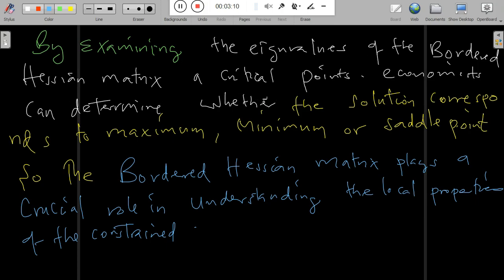By examining the eigenvalues of the Hessian matrix at the critical points, economists can determine whether the solution corresponds to a maximum, minimum or saddle point. So the Hessian matrix plays a crucial role in understanding the local properties of the constraint.